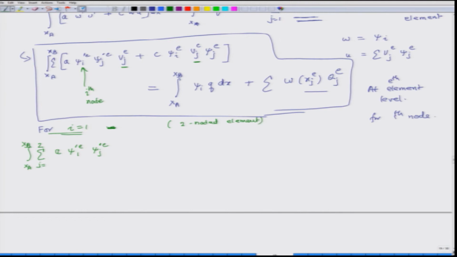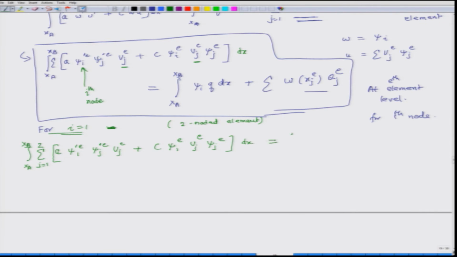This is a two noded element, so j is equal to 1 to 2, times u j e, plus c psi 1 e (I is equal to 1 in this case) times u j e psi j e. I should have written dx here, so dx is also here.